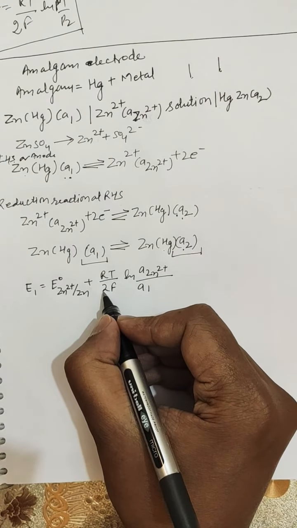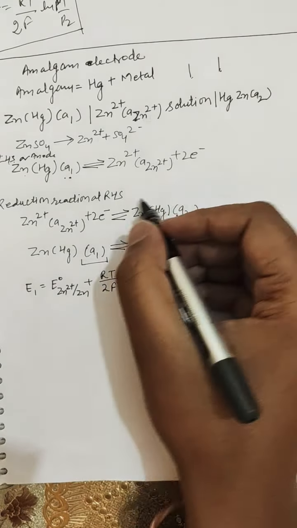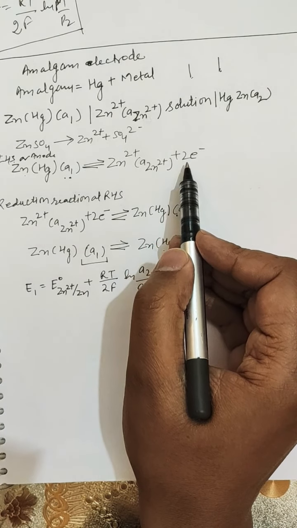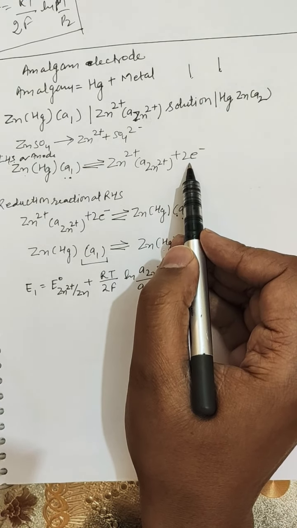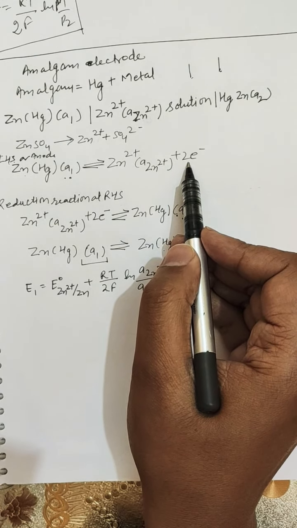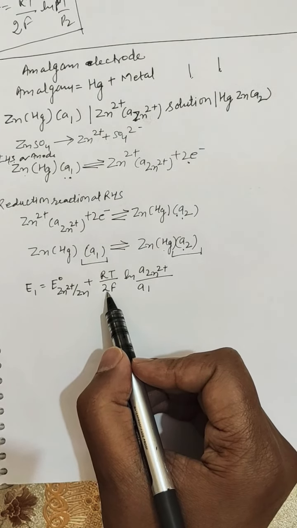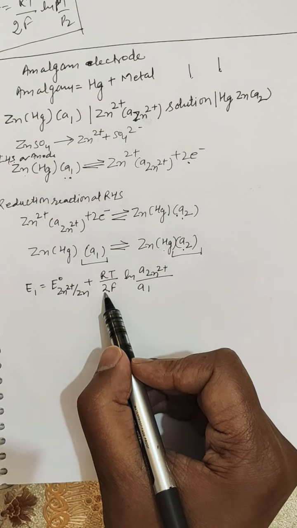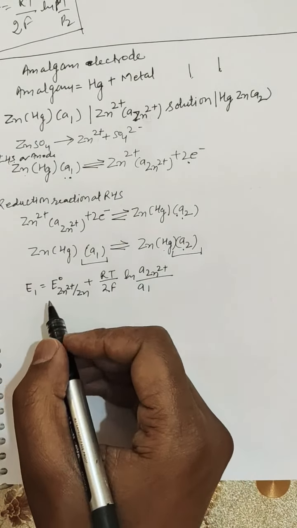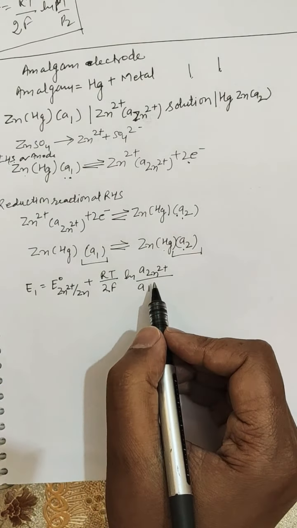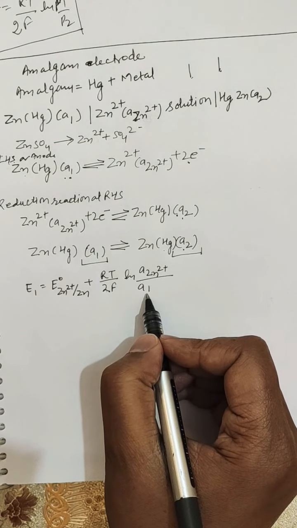So why did we write 2F here? Because the number of electrons changed in the whole reaction is 2. There are 2 electrons changed in the whole reaction, so we wrote 2 here. Otherwise originally it's nF, and the value of n is equal to 2. So this is the oxidized form, and this is the reduced.